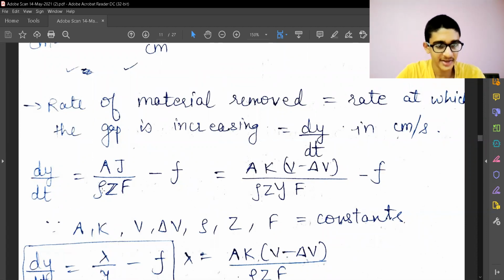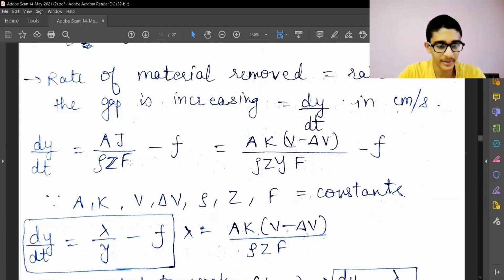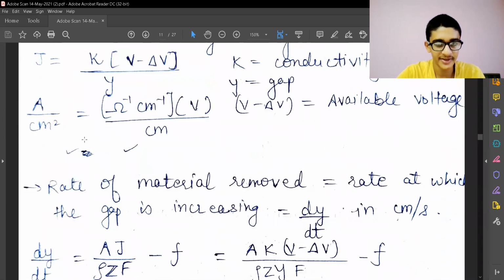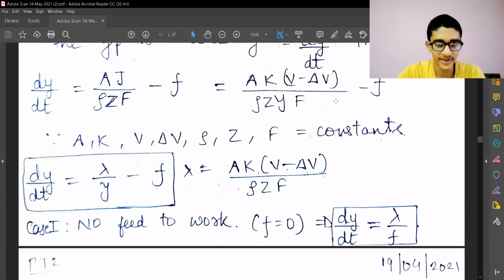So dy by dt is aJ by rho zF minus f. And this is directly what the equation applicable would be. So I'll make changes as per J, the current density, and I have just substituted.